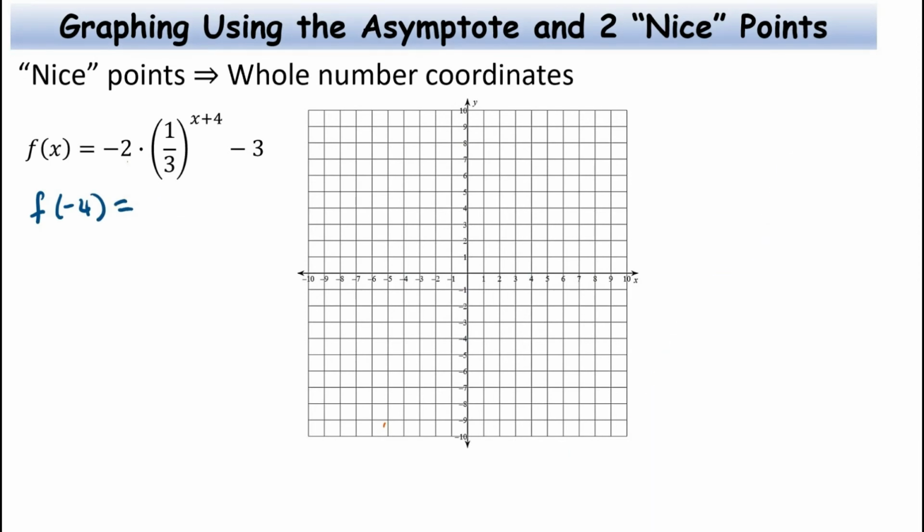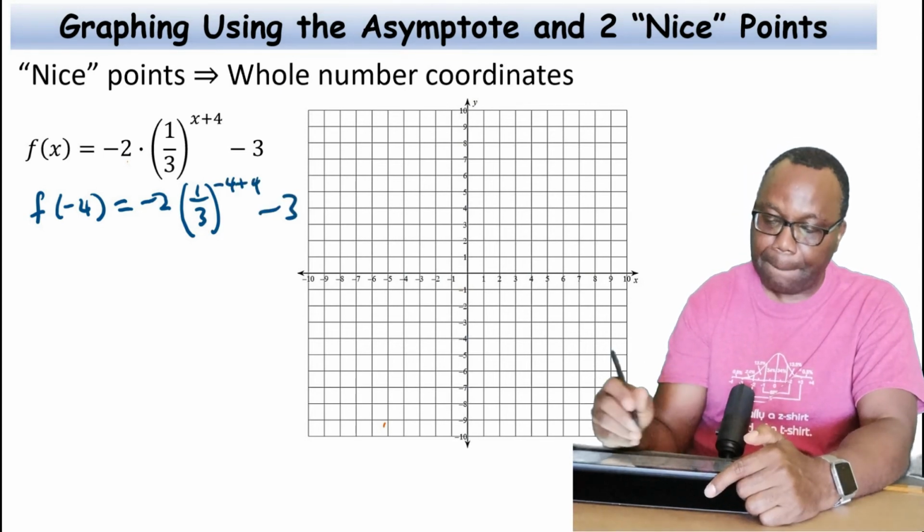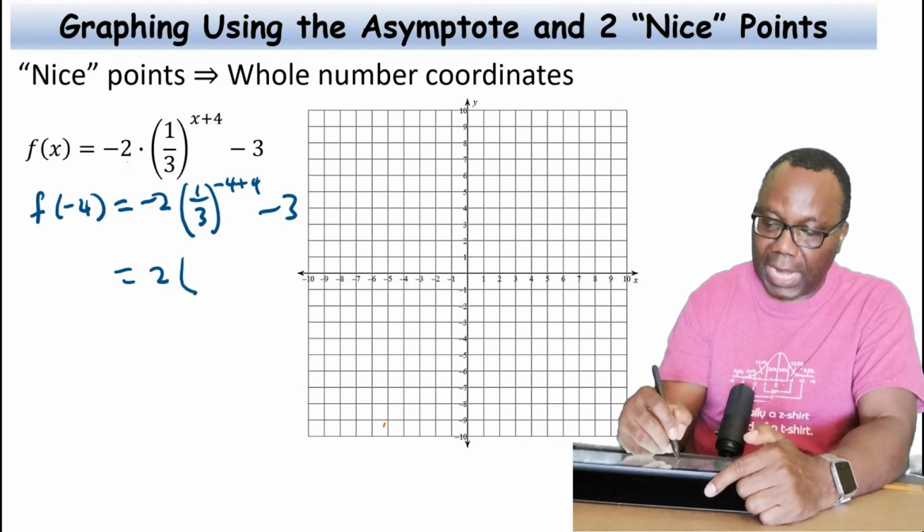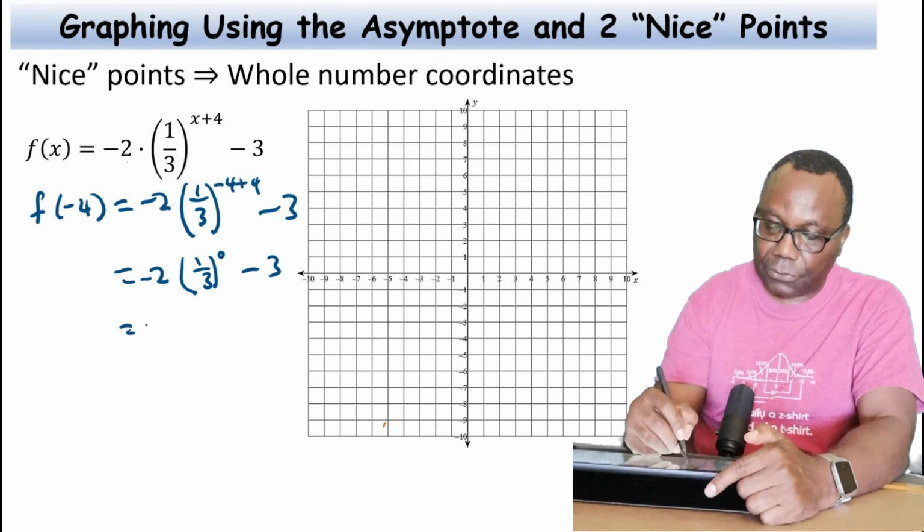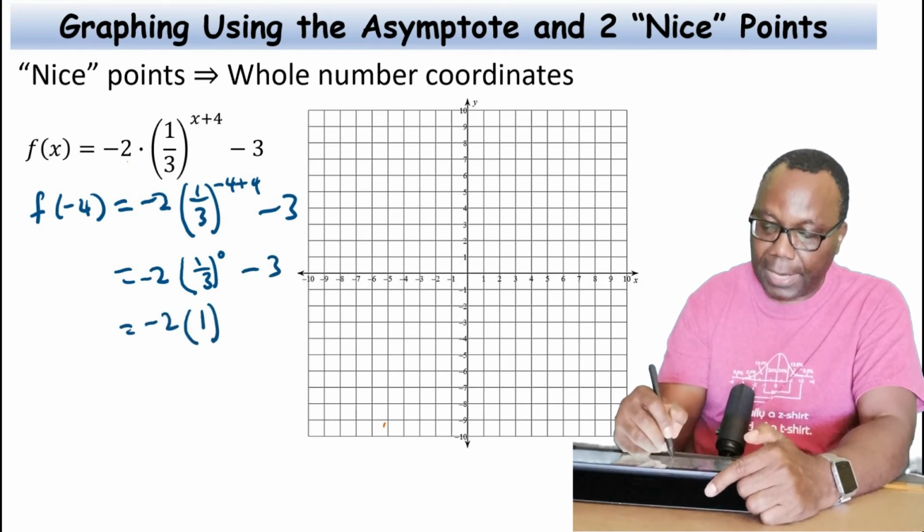Be careful when you are substituting like this to make sure you do it correctly. So -4 plus 4 minus 3. Don't forget what is tagged on here, okay? So it'll be -2 times 1/3 to the power of 0 minus 3, which is -2 times 1 minus 3.